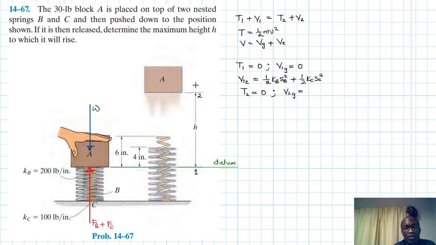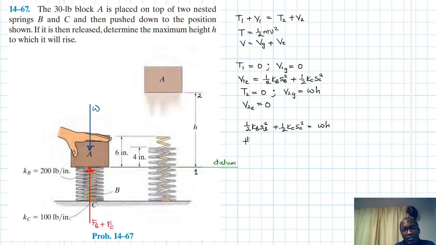Here we have a positive value, which is just W h, and V2E, the elastic potential energy, is just equal to 0. So let's replace everything. I will not include the zeros, so on the left-hand side we have this, and on the right-hand side we have that.